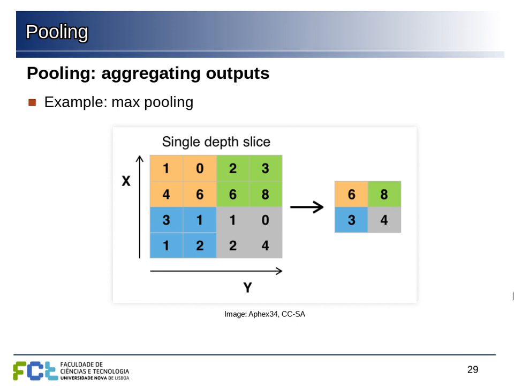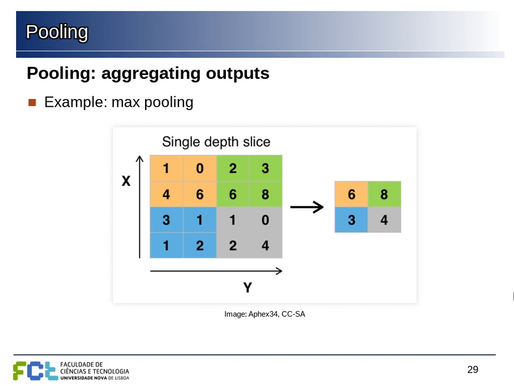So max pooling, the idea is that if the pattern was detected in this window, we keep that value here to indicate that we found the pattern there. If it was detected here, we indicate that here, and so on. So this gives us the best output of the detector for each particular region, and it reduces the resolution with which we are seeing.